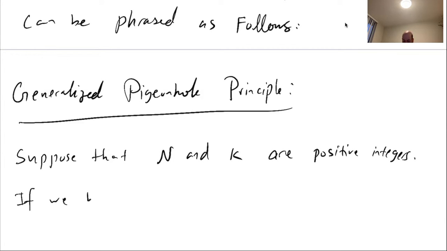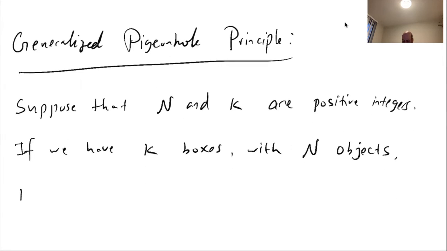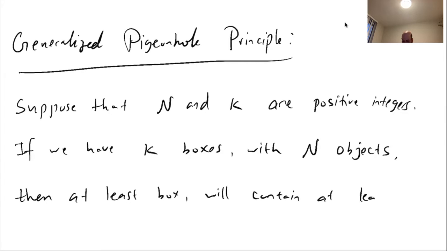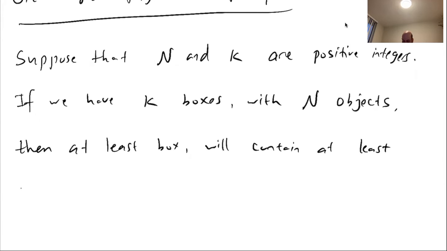If we have k boxes with n objects, then at least one box will contain at least ceiling of n over k objects.